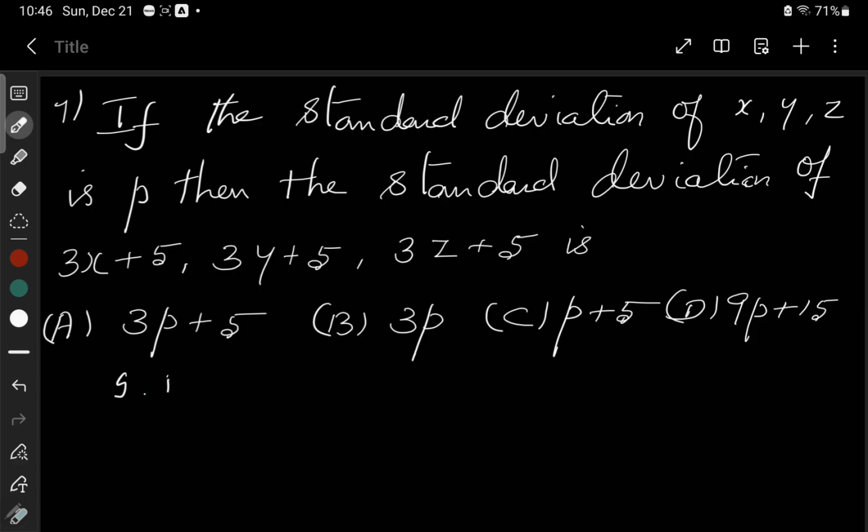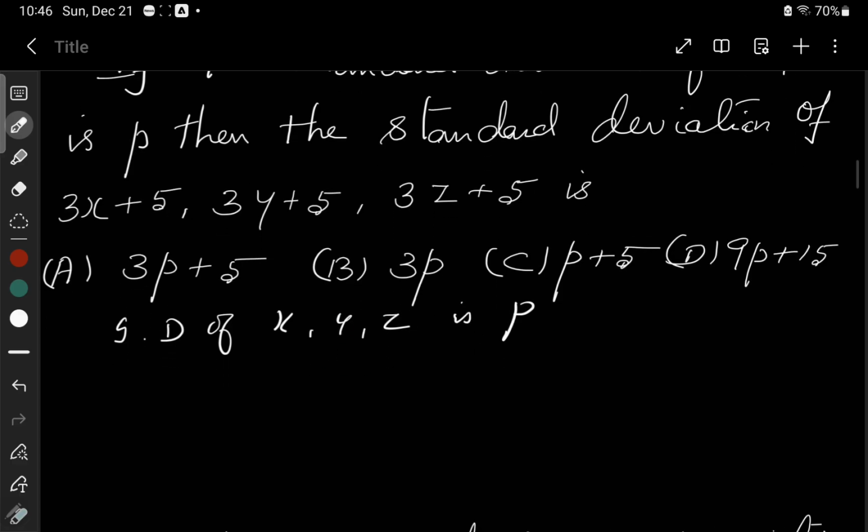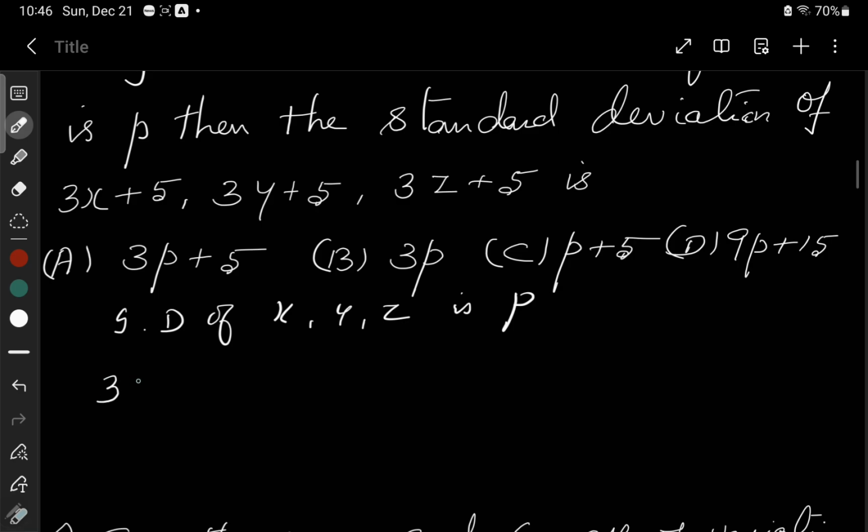Each data is multiplied by 3, so the standard deviation is also multiplied by 3, giving 3p.